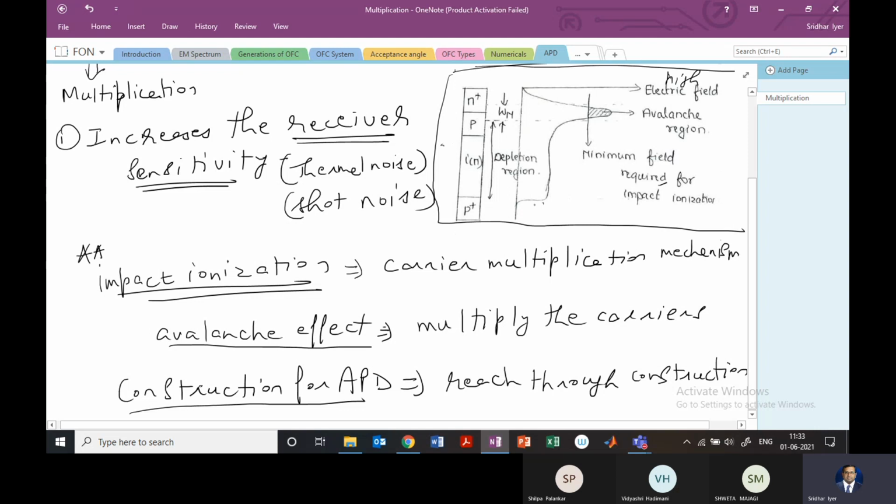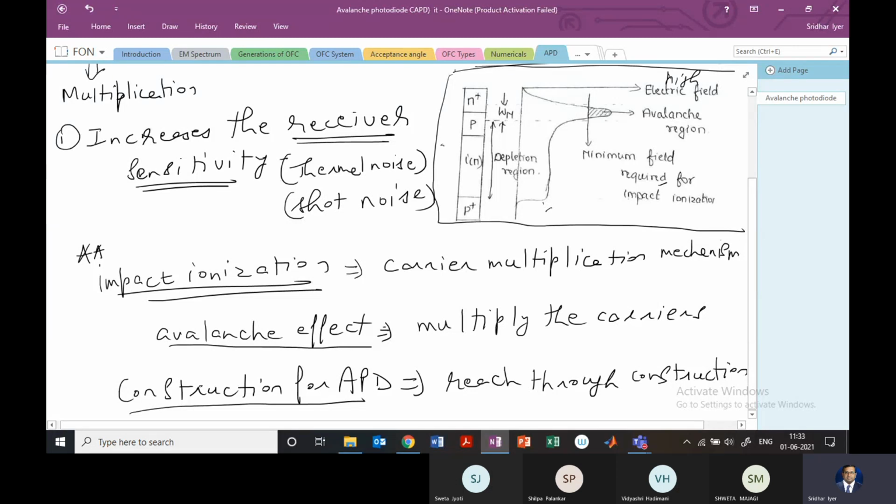So you can see in this electric field diagram here, I'm just marking on top of that, that is known as the avalanche region, this region here. So you can see that the carriers are just increasing, right? So that is known as the avalanche region there.